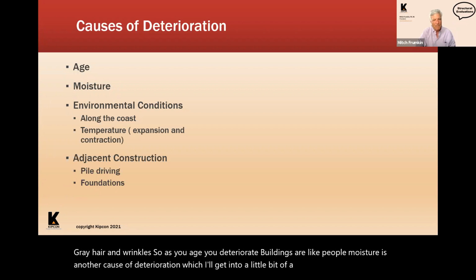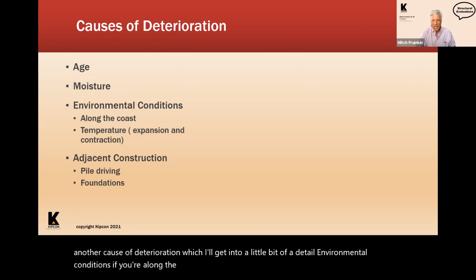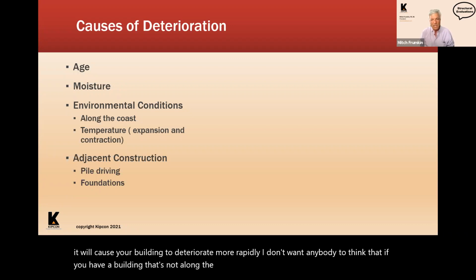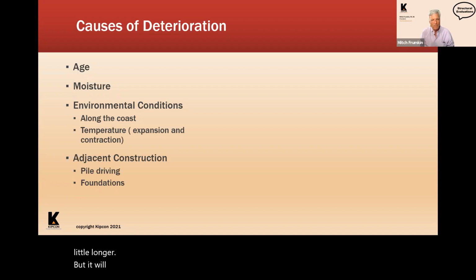Environmental conditions. If you're along the coast, for example, and you have salt air and salt water in the air, it will cause your building to deteriorate more rapidly. I don't want anybody to think that if you have a building that's not along the ocean, it will not deteriorate. It will. It may take a little longer, but it will deteriorate. Environmental conditions, temperature.